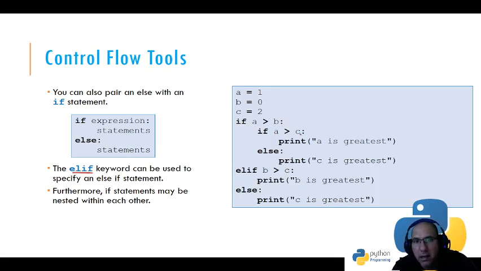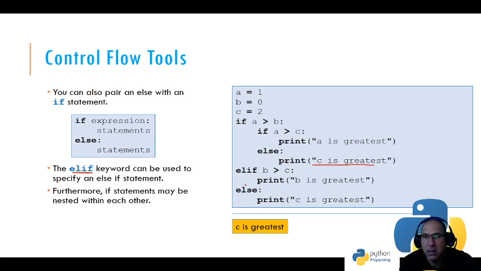If a greater than c, no. Else print c is greatest. Since this was true, we will not check the elif in here, and we will not come to this part.